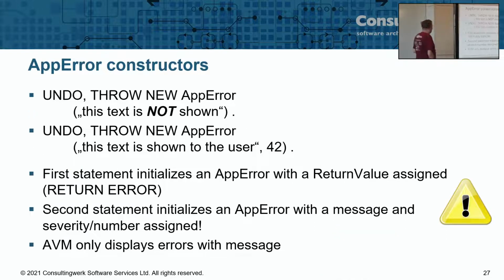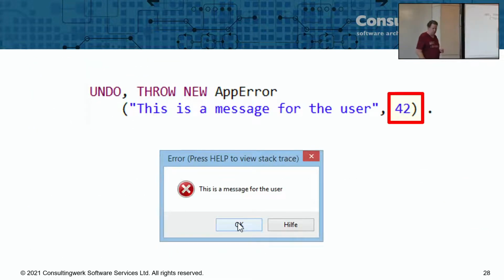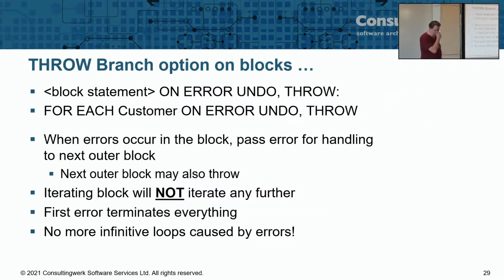To a degree, it's consistent. But these two undo, throw new app errors, they look so similar, but they behave so differently. So be careful with that. So it actually doesn't make any difference which number you use there. Could be 0 or 42 or whatever. Could be a meaningful number. That's not shown, but it changes the behavior.